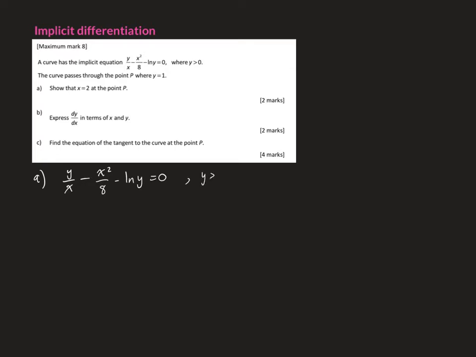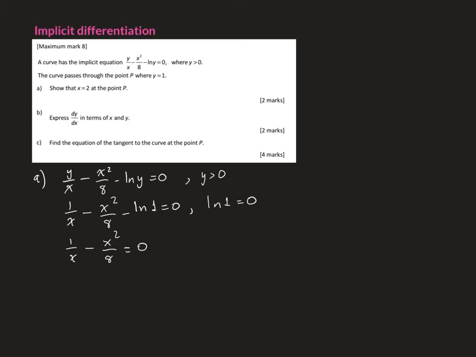Just a reminder that y is going to be positive. So let's substitute y equals 1. We get 1 over x minus x squared over 8 minus ln of 1 is equal to 0. And we have to remember that ln of 1 is equal to 0. So this simplifies even further, and we write it like this.